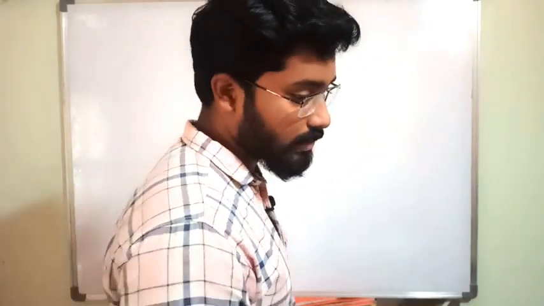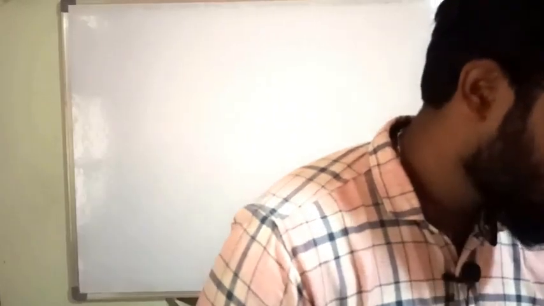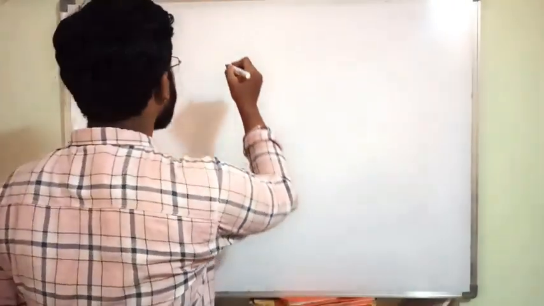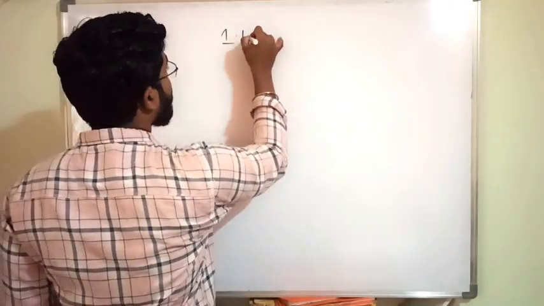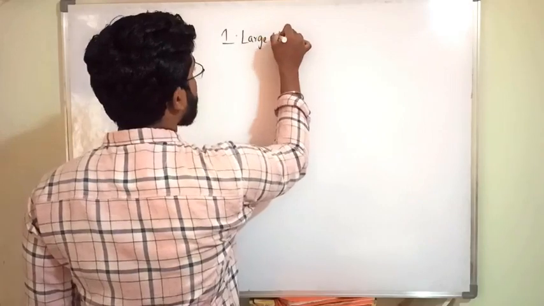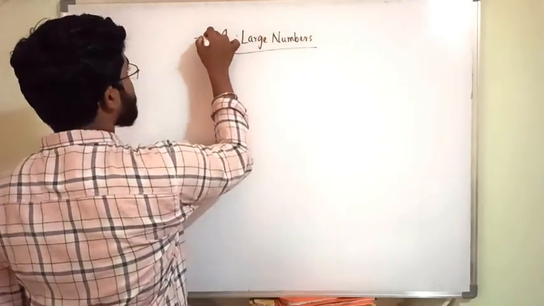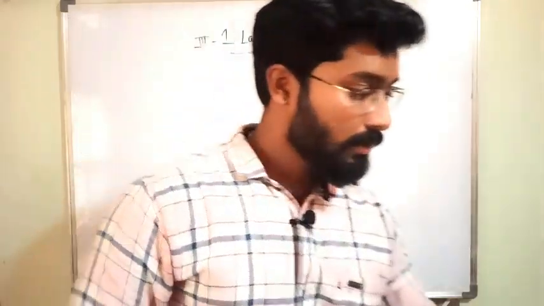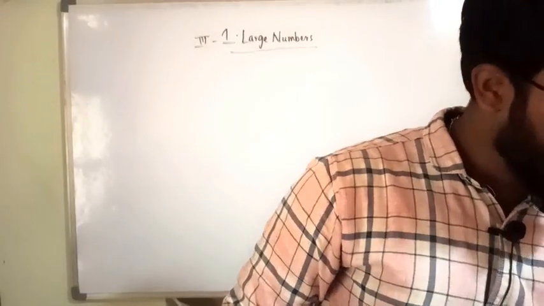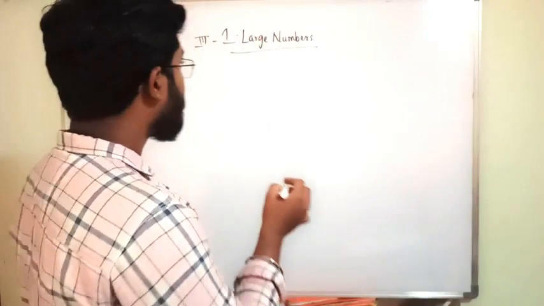So students, in the previous class we have completed up to the large numbers chapter. This is third standard, no? Yes, in the large numbers chapter we have completed up to the 6th bit.